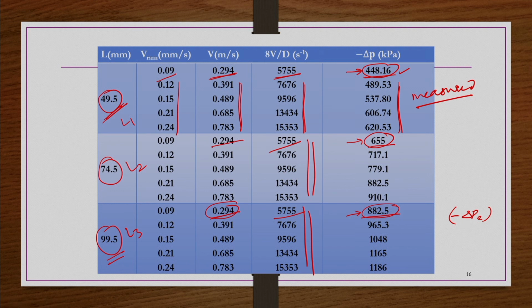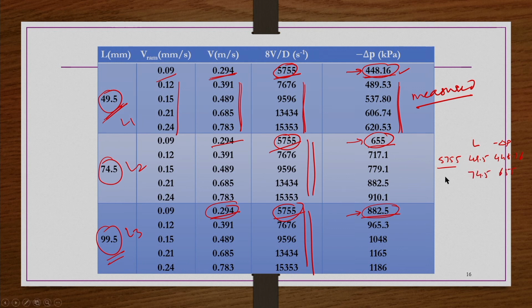Now, what we do for each value of 8 V by D. Let us say the first value of 8 V by D is 5755, then the corresponding L value. When L is 49.5, the measured pressure drop is 448.16. For the same 8 V by D of 5755, but L is 74.5, it is 655.